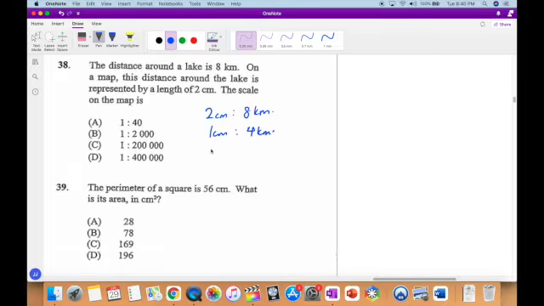And now a kilometer is 1,000 meters. So 4 kilometers is 1,000 times 4, so that's 4,000 meters times 100 centimeters in a meter. Right, so 1 cm gives us 400,000 centimeters. So it's a ratio of 1 to 400,000.